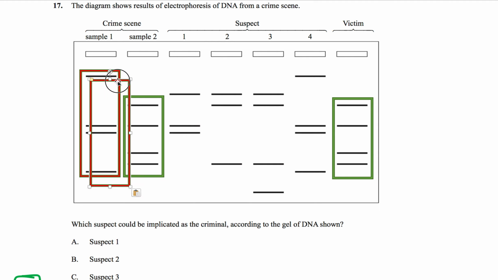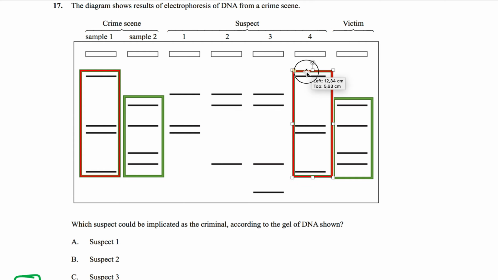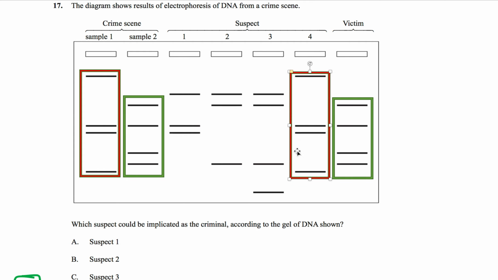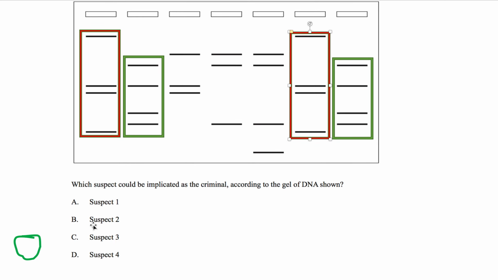Okay, here. This one, right? You can see this suspect 4 is probably the murderer because their DNA shows the exact same separation as sample 1, which means that sample 1 and suspect 4 are the same DNA, which means suspect 4 was at the crime scene and was the murderer. So the answer will be D.